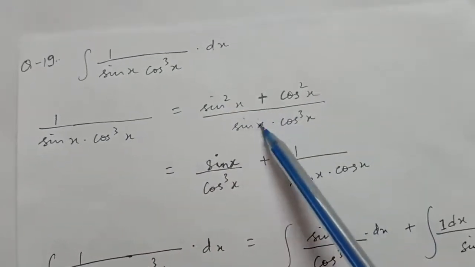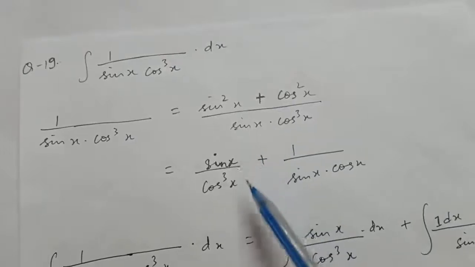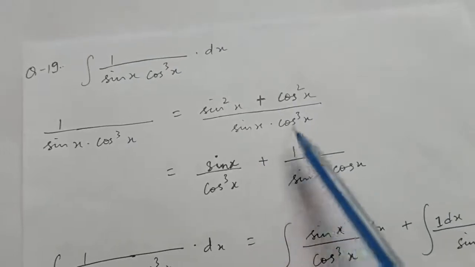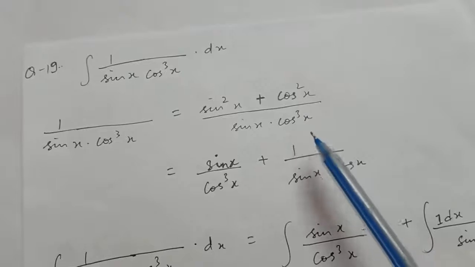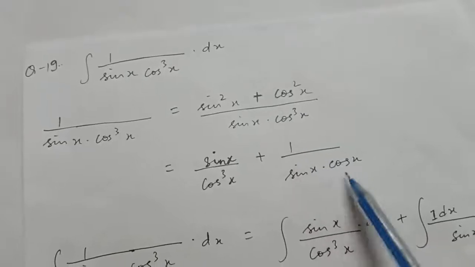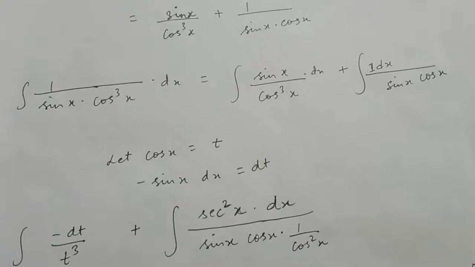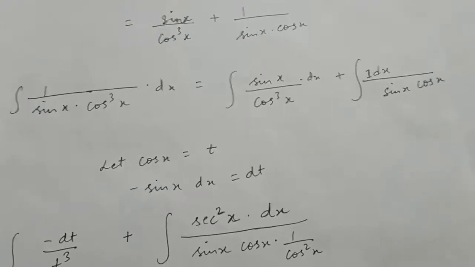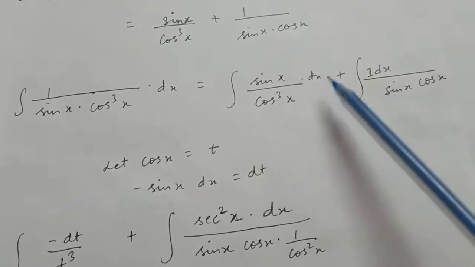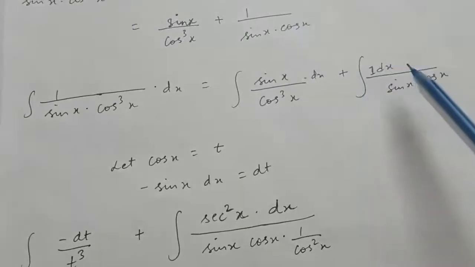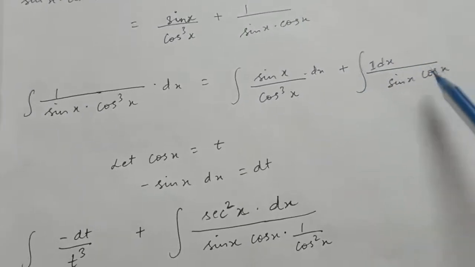Now divide this sin square x with this, so you will get sin x upon cos cube x, plus when you will divide cos square x with this, you will get 1 upon sin x into cos x. So the given integral now becomes integral of sin x upon cos cube x into dx plus integral of 1 upon sin x into cos x.